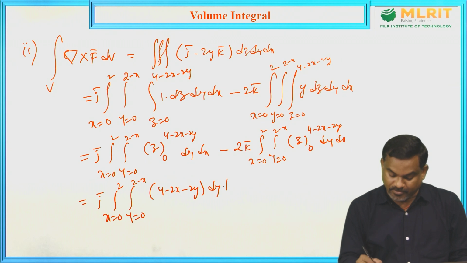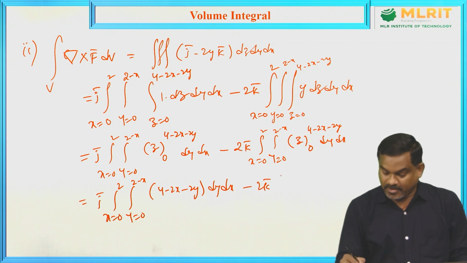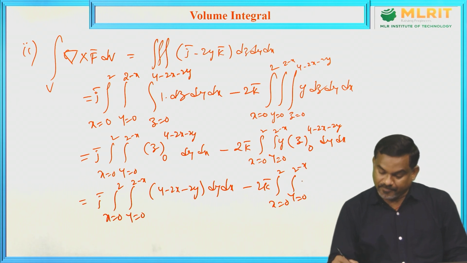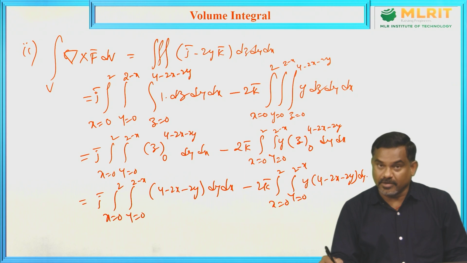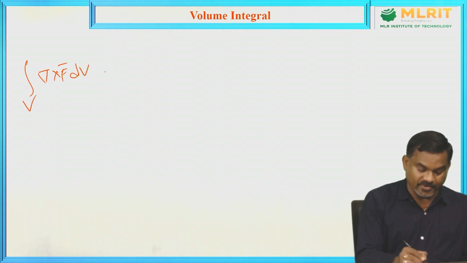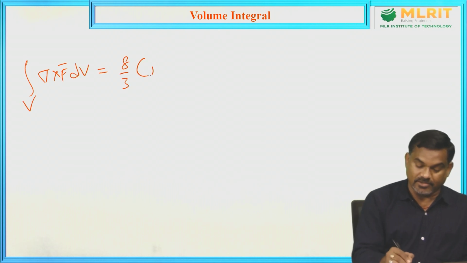Now with respect to y, k bar into 0 to 2, y from 0 to 2 minus x, here we have y into 4 minus 2x minus 2y dy dx. So after simplifying, we get the volume integral of del cross f bar dv as 8 by 3 j bar minus k bar.